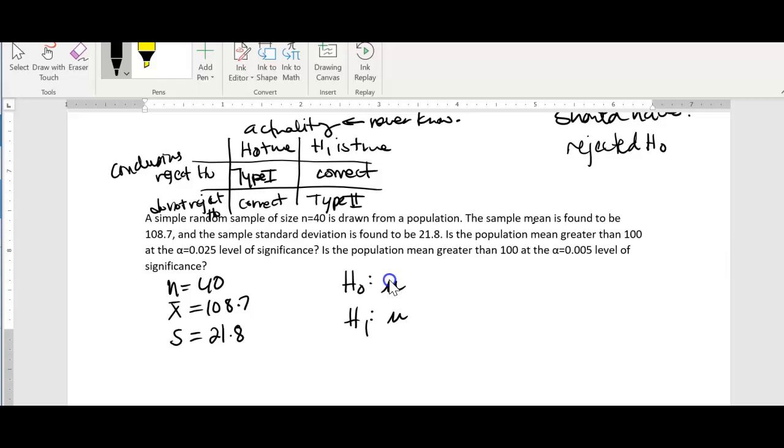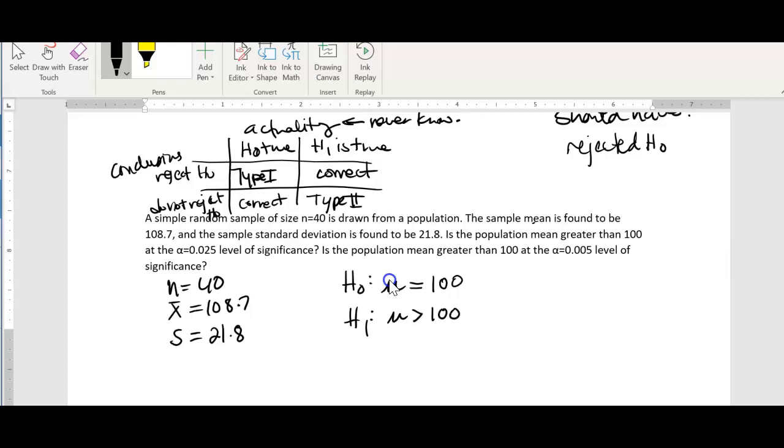The population mean is greater than 100. That's the claim that we want to find evidence to support. So our null is of no change, that it is 100. Okay. The claim is that we want it to be greater than 100.